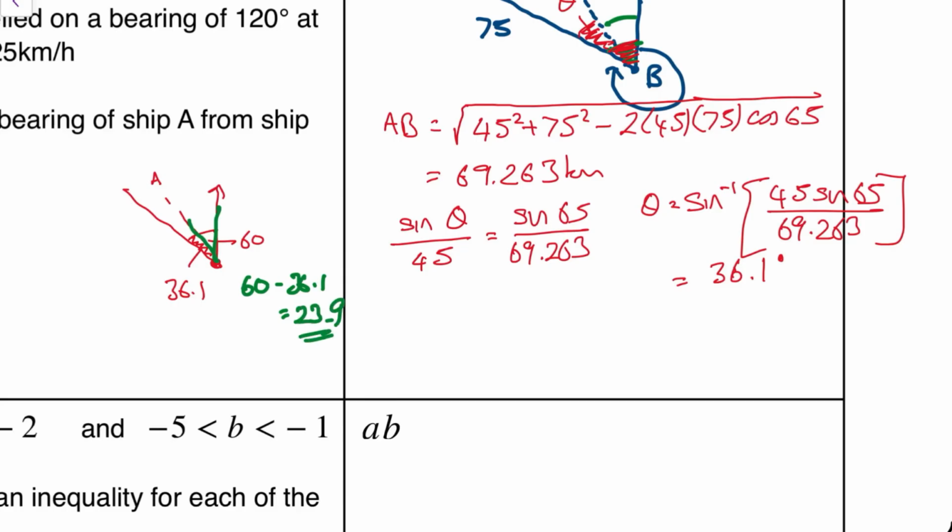Why does that matter? Because the bearing is all the way round to that line there that I've just drawn. So 360 minus 23.9 is equal to 336.1, which I'm just going to call 336 degrees as a bearing. And that's it, question done. I managed to use a few different colors there, but we got there.